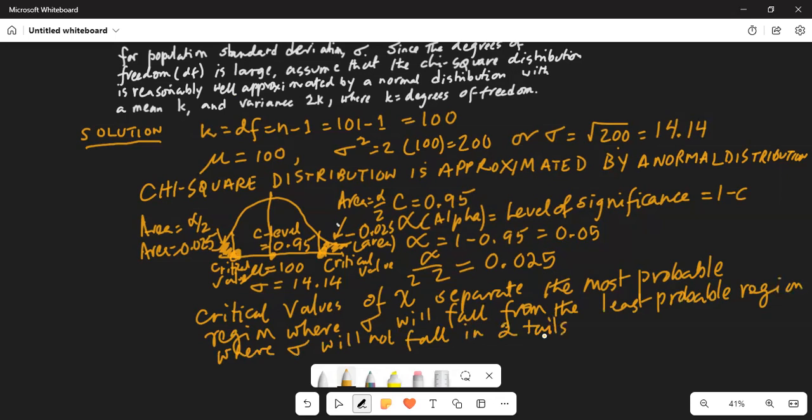So how do we find the critical values on the left and on the right?